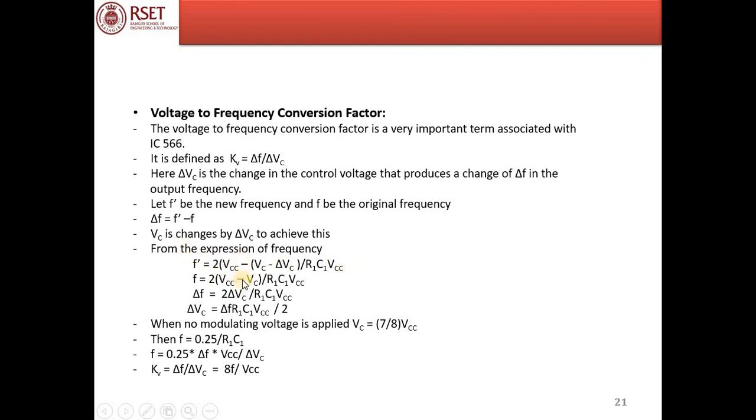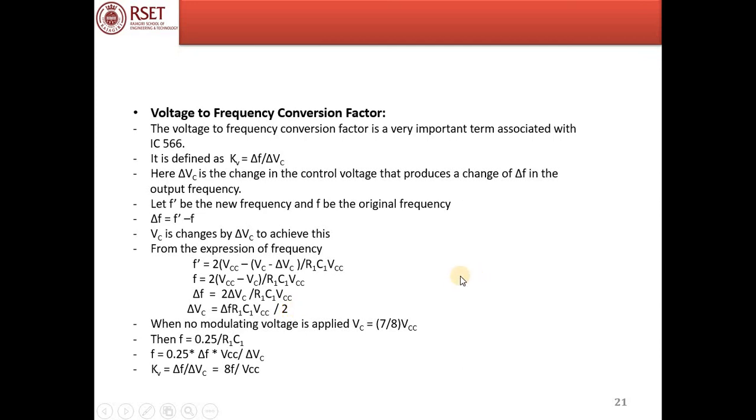Then we subtracted F dash minus F to obtain the expression for delta F. From this we found out that R1 C1 is equal to 2 into delta VC by delta F into VCC, and delta VC is equal to delta F into R1 C1 into VCC by 2.